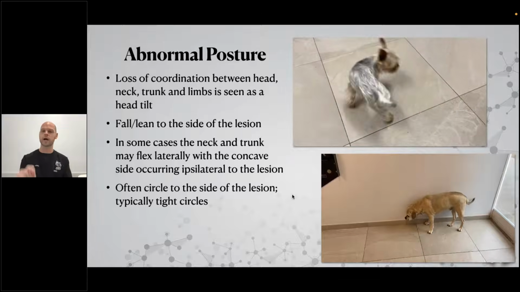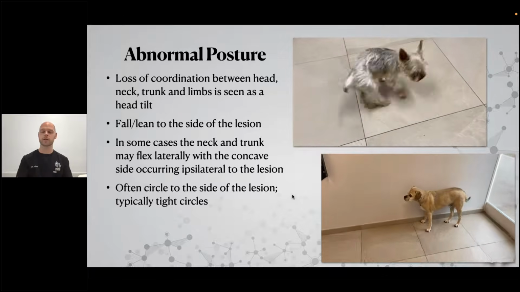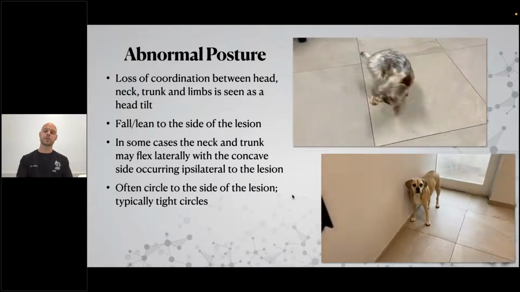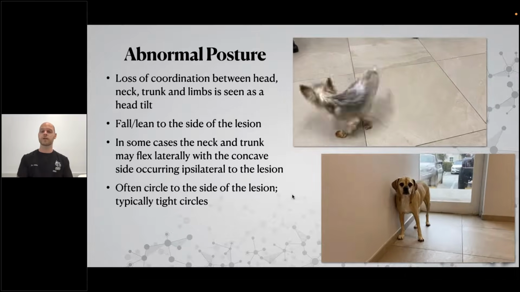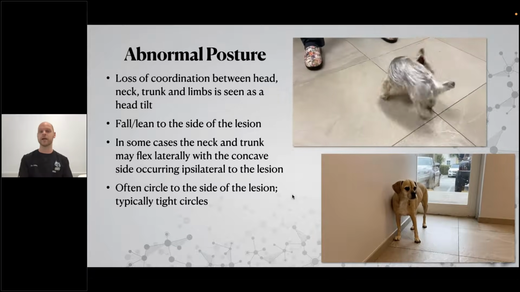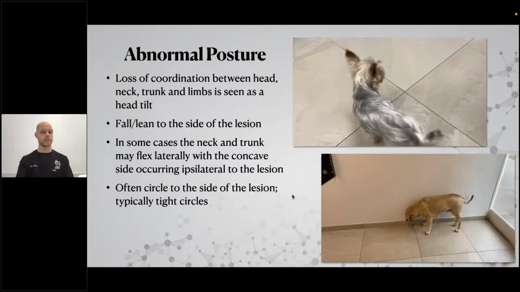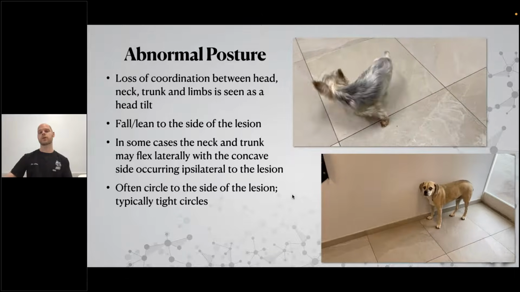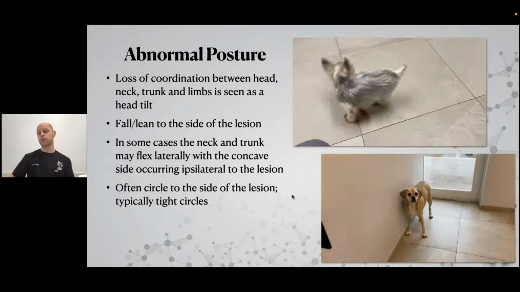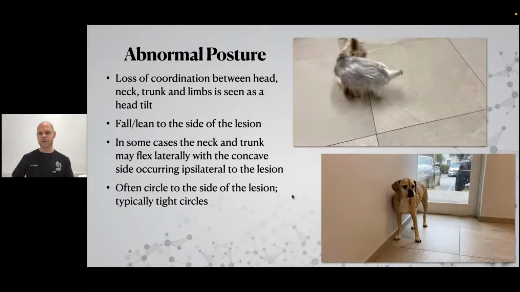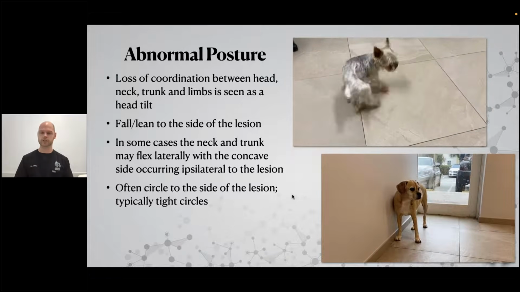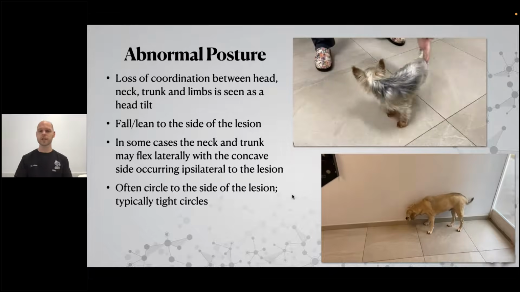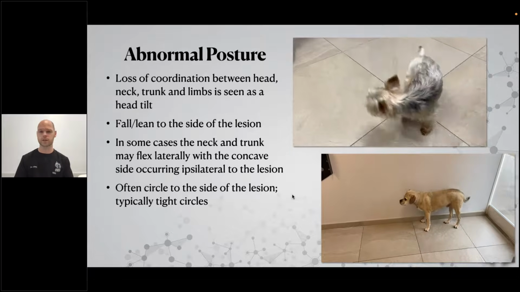As you can see demonstrated in this Yorkie, when they have vestibular dysfunction, they are circling tightly. For brain disease, which also can cause a dog to circle, those dogs will tend to circle around the perimeter of the room. So they tend to have wider circling than dogs with vestibular dysfunction.